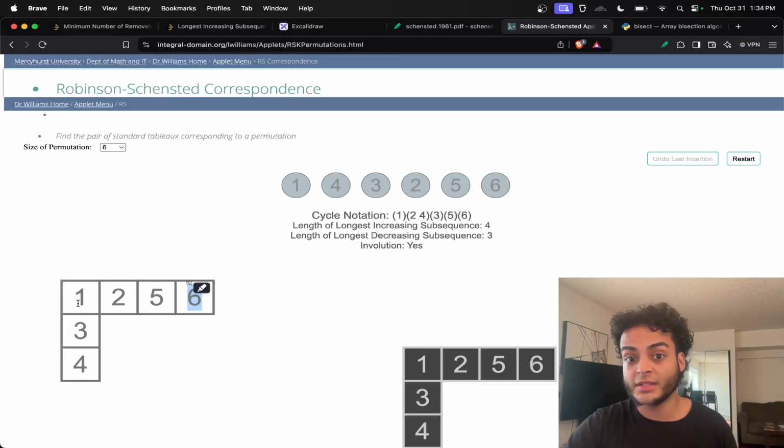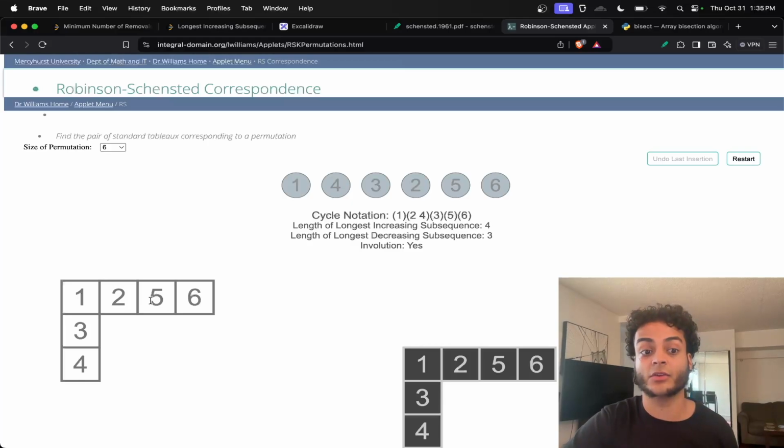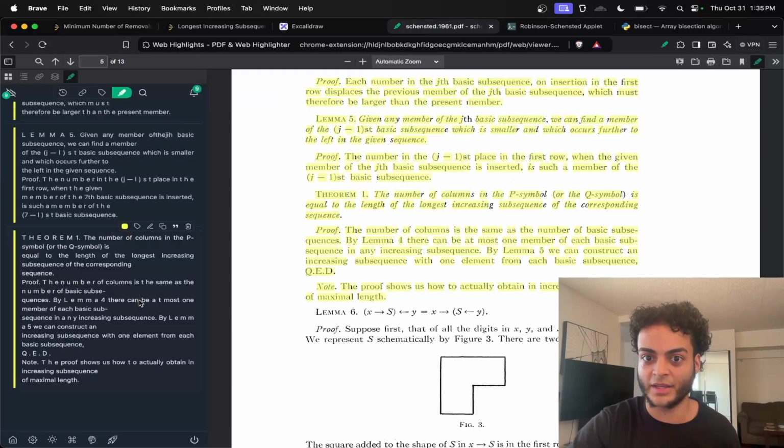If we couldn't, that would either mean that the row wasn't increasing or that the number that came before comes after the number that we're currently considering in the sequence of insertions. And neither of those actually adhere to the Schensted insertion construction that we made, right?